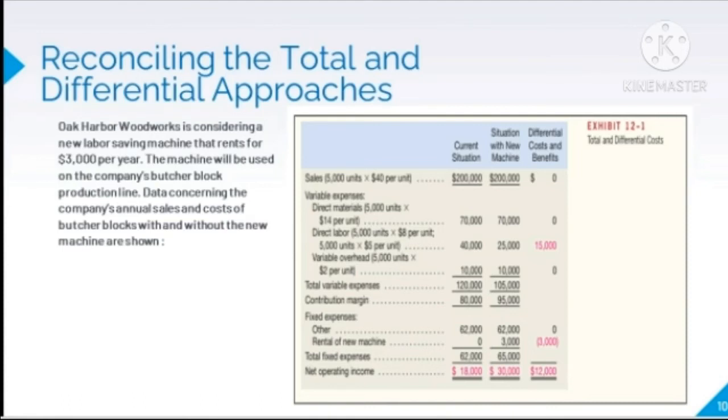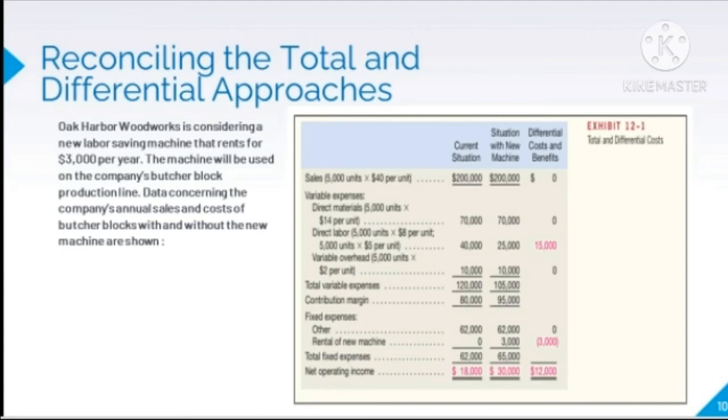A negative number indicates that the difference favors the current situation. A zero in that column simply means that the total amount for the item is exactly the same for both alternatives.